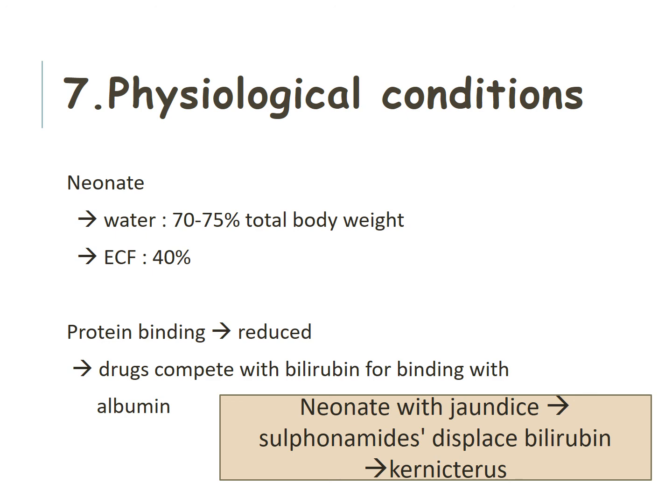So in neonates, when we give some drugs like sulfonamide, it displaces the bilirubin. As I already told, protein binding is a saturable condition. So when the neonate is having jaundice and we give sulfonamide, it will displace the bilirubin, which leads to kernicterus. Kernicterus is a situation where a high amount of bilirubin reaches the brain and causes some reactions.